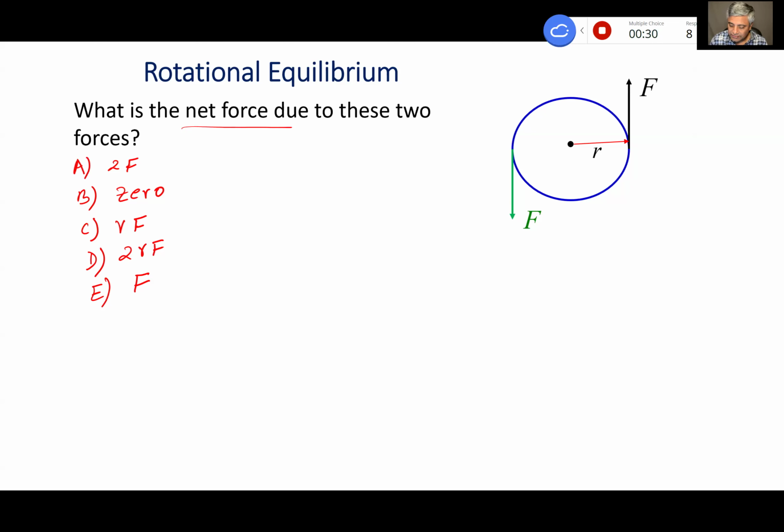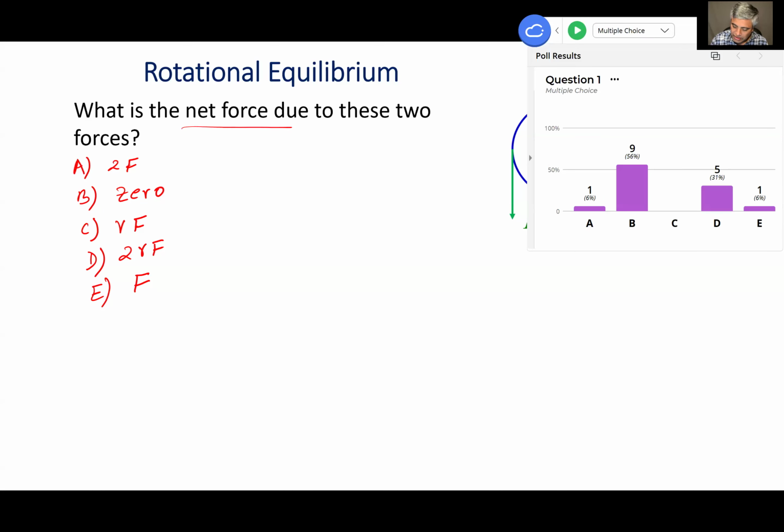Thirty more seconds. Five more seconds. 5, 4, 3, 2, 1, and it stops. Let's see what we got. Mostly B, and there is D as well.